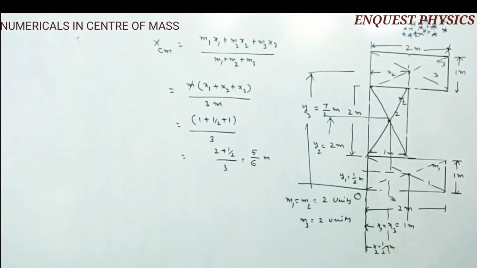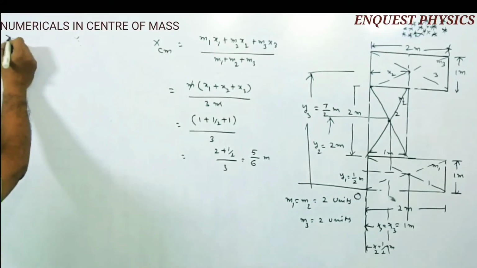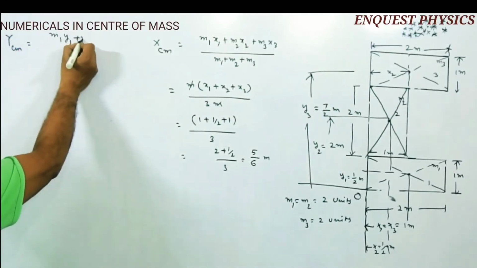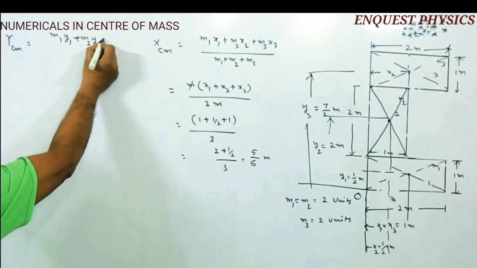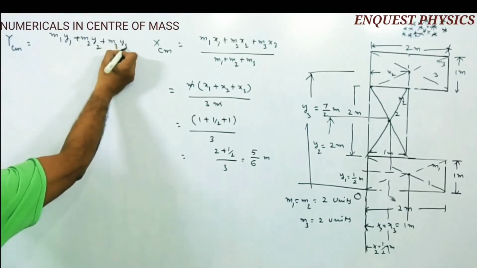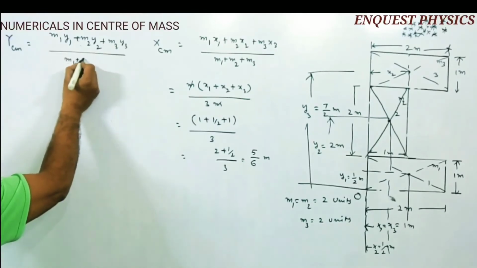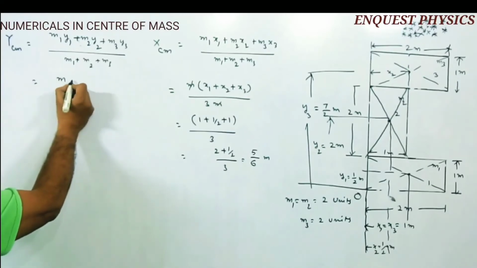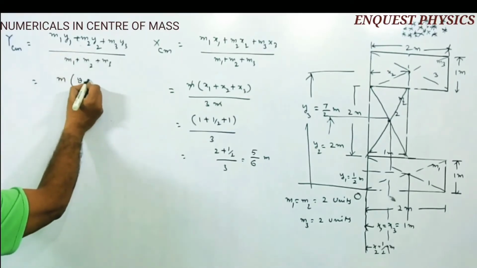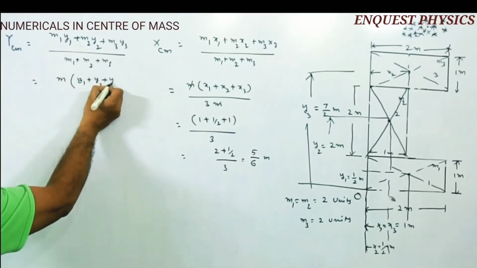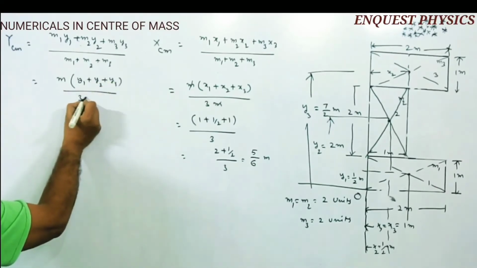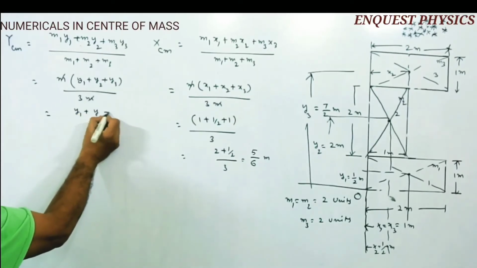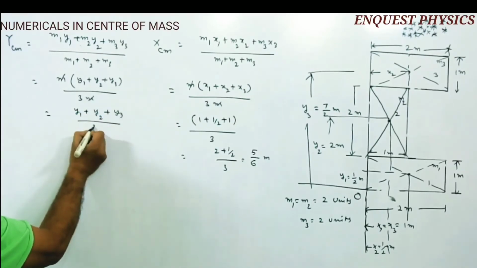Okay, students. Similarly, we will get the ycm. ycm is equal to m1 y1 plus m2 y2 plus m3 y3 by m1 plus m2 plus m3. That is, mass is same, m of y1 plus y2 plus y3 by 3m, where the m's get cancelled, that is y1 plus y2 plus y3 by 3.